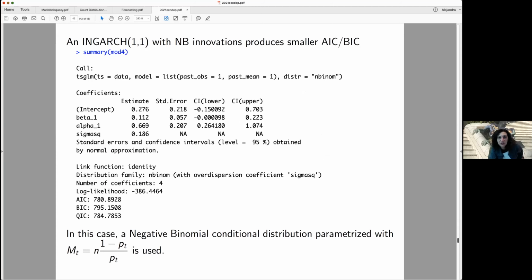And if we change to the negative binomial, the INGARCH with negative binomial again gives us a slightly smaller AIC than the Poisson one we just saw. We have this parametrization here for the negative binomial.